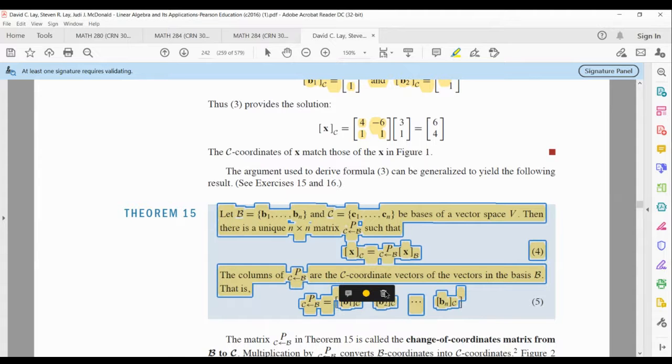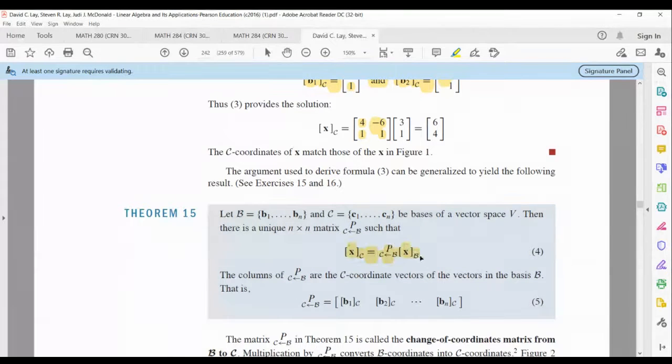Of course, based on example 1 we just looked at, we established this result: the coordinate vector of x with respect to basis C equals the change of coordinates matrix from B to C times the coordinate vector of x with respect to basis B. If you wanted to find the change of coordinates matrix going from basis B to basis C, it would consist of these column vectors here.